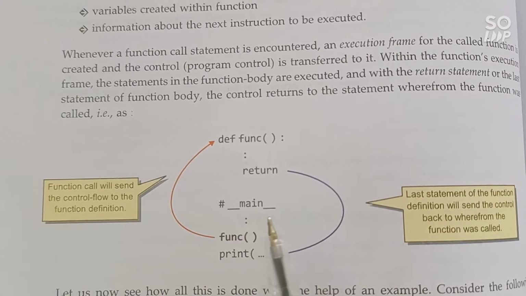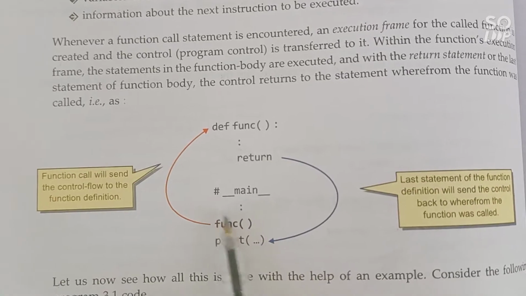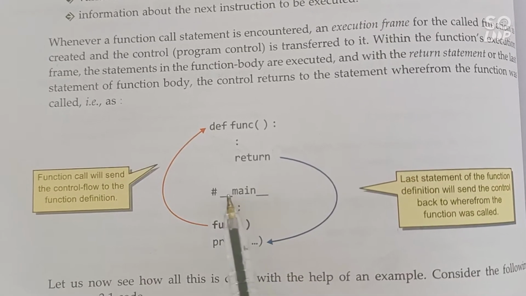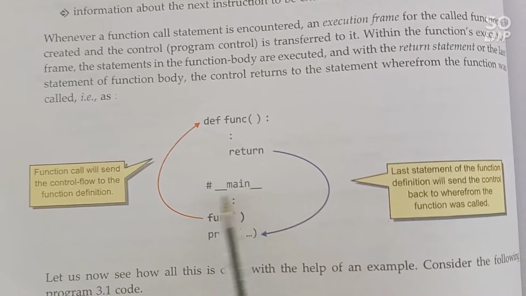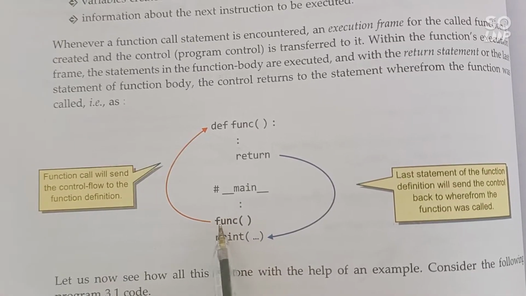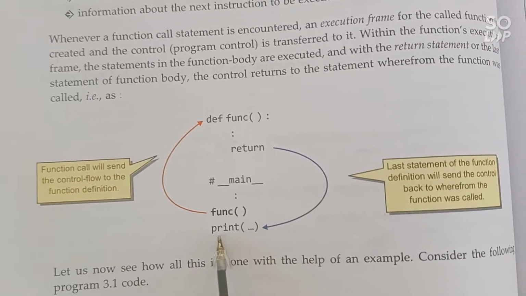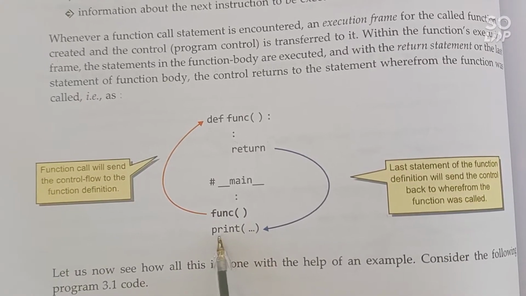One thing you need to keep in mind is that the execution of the program starts from the main block, right? So the first statement that will be executed is this one, then this, right?